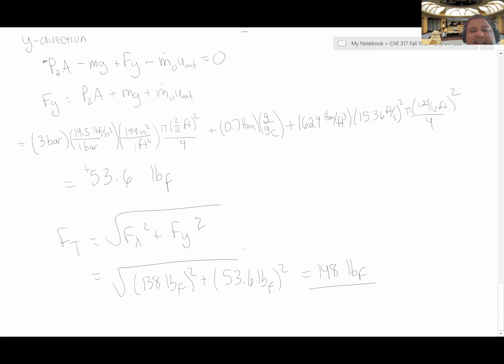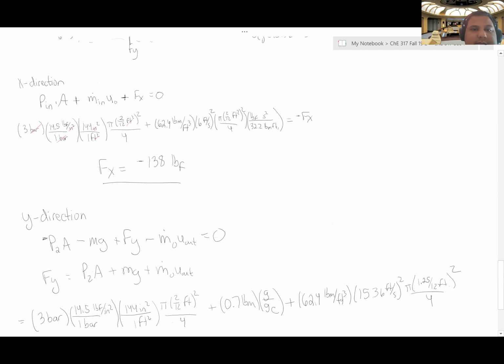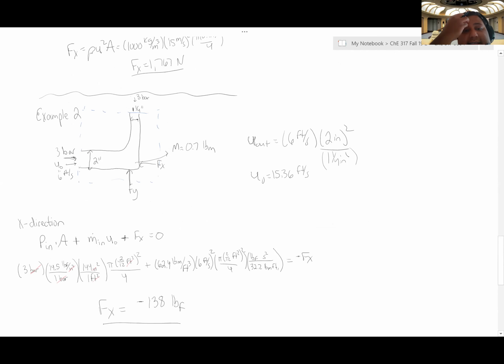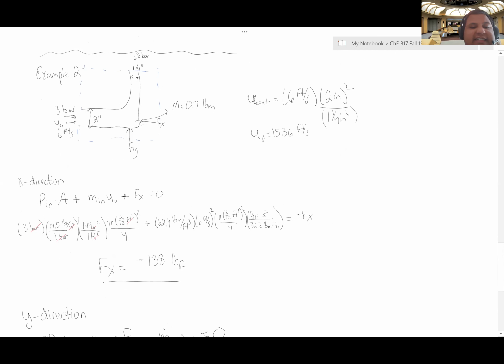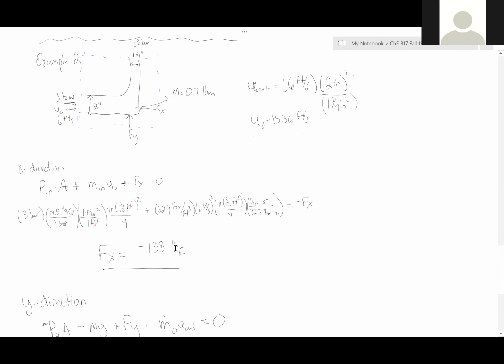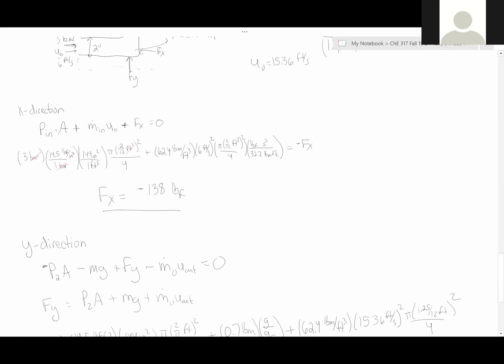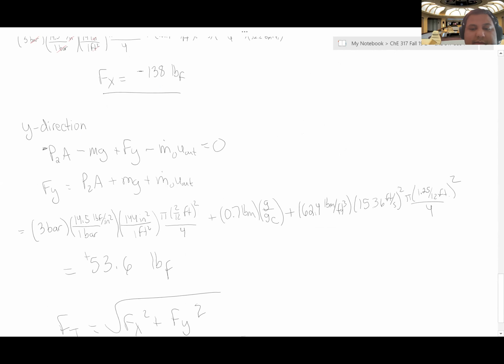Any questions on that example? So when you're looking at these balances, you can break them up in the X and the Y direction. It makes it a lot easier. Question. Yes, go ahead. When you're accounting for the pressure in the Y direction, why did you use the area of 2 inches? Oh, it shouldn't be. It should be 1 1/4.